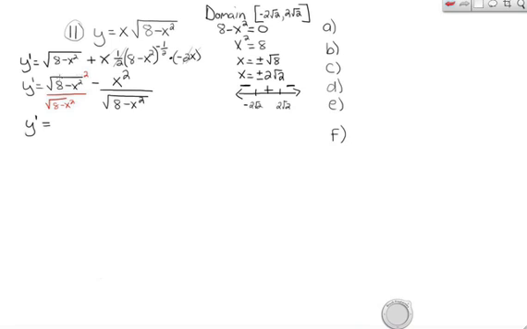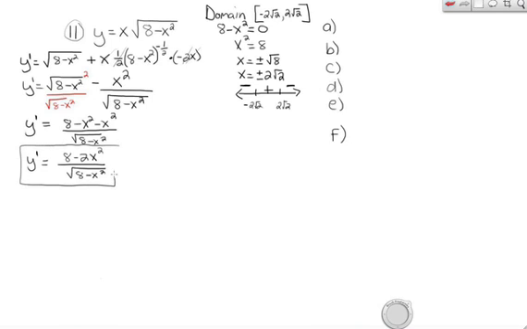So the square root cancels out, leaving me with 8 minus x squared over the square root of 8 minus x squared, leaving me with, I think, what we will leave as 8 minus 2x squared over the square root of 8 minus x squared. Alright, so there's my derivative.